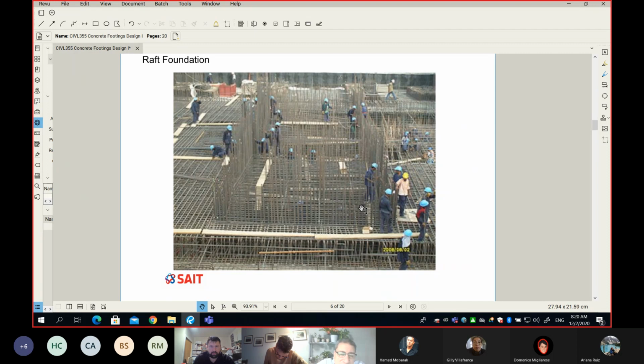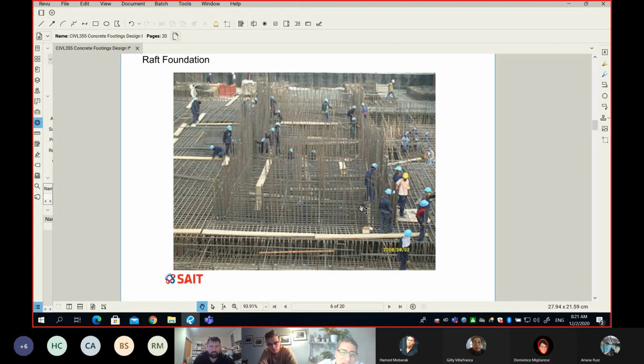The mat footing or raft footing is a slab, but the slab rests on the soil. But why is it different from any other slab? Because if you have a building that is 48 floors, every slab on every floor carries only the load from this floor. How about this slab? This slab carries the load from all the floors.